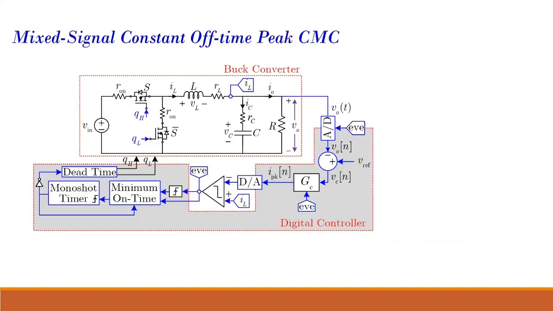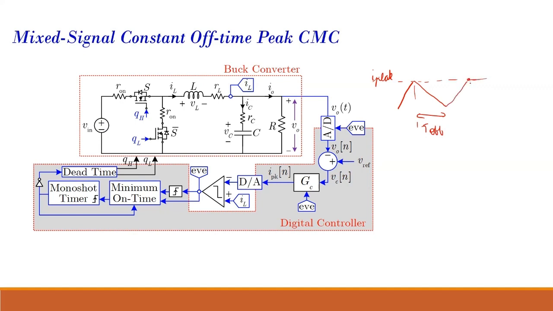And if you want to do constant off time peak current mode control, we talked about constant on time, so in constant off time, how is the case? This is your peak. Then it remains off for some fixed duration, T off. Then it will be on until it reaches the peak.